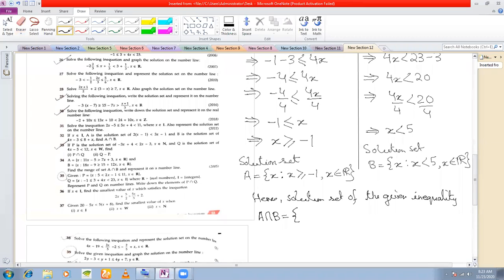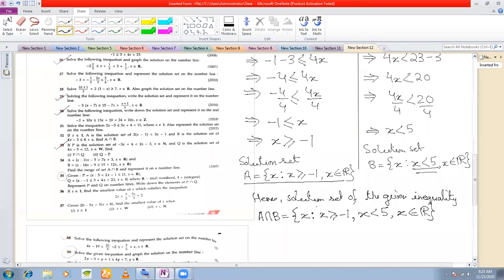If you see the set A, x is such that x is greater than or equal to minus 1. So I'll write x such that x is greater than or equal to minus 1. Also, x is less than 5. So I'll give a comma and write x less than 5 and x belongs to R.